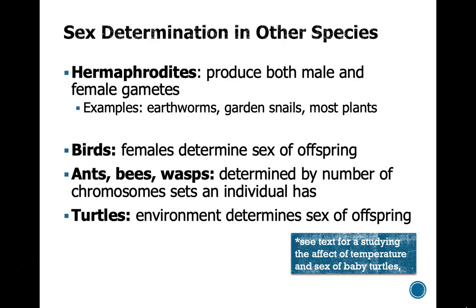I'll talk about a couple of instances in a minute where individuals might kind of seem to have that condition, but in general, the definition of a hermaphrodite is an individual that is able to produce both male and female gametes. And so sometimes people think that humans can do this. Humans cannot do that. If you're interested in some of these other sex determining methods, you can look them up in the book, but I'm not going to go over them now in the video.